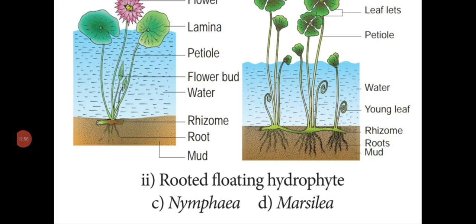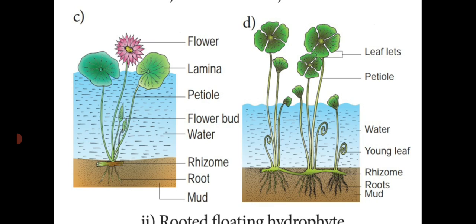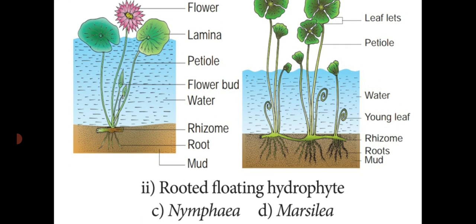Dear students, see the diagram. Nelumbo is the example of lotus flower. Nymphaea is the binomial name of lily. Okay. So the first one is an example of a rooted floating hydrophyte. See, the stem portion of a lotus flower is attached to the mud of the water. The stem is known as rhizome, that is the underground buried stem portion, which contains adventitious roots.